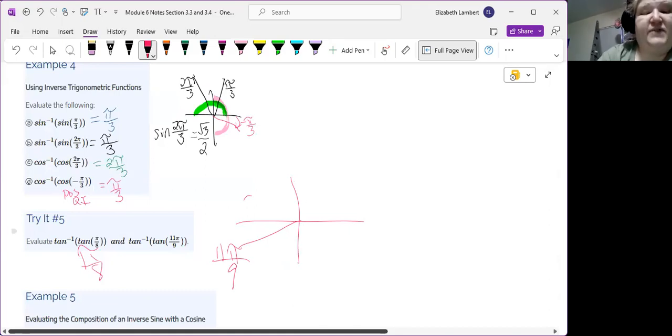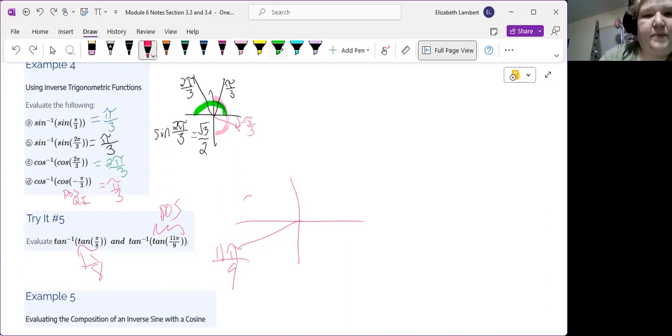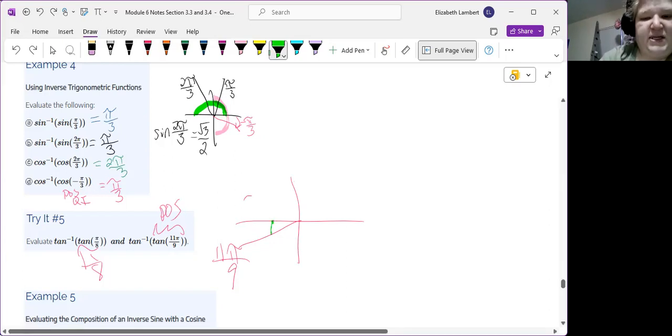And the tangent of this is positive. So when I'm looking at my tangent restrictions, tangent is positive in quadrant 1. So I want the quadrant 1 reference angle that matches this mess. Which means if I can figure out the measure of that little angle there, and I extend, it'll be the same as there, which is the reference angle.